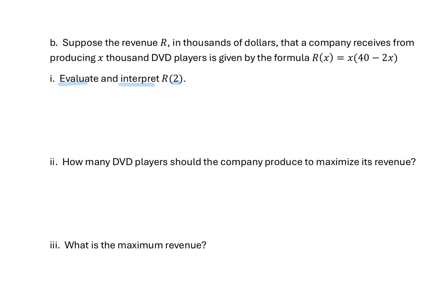So if we go ahead and plug this in, we get 2 times 40 minus 2 times 2. And so if we simplify, 2 times 2 is 4. And if we do 40 minus 4, we get 36. If we multiply that by 2, we get 72.